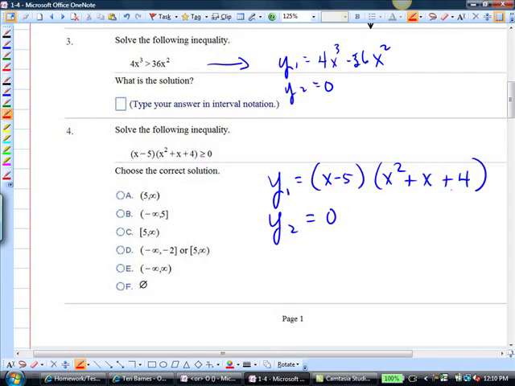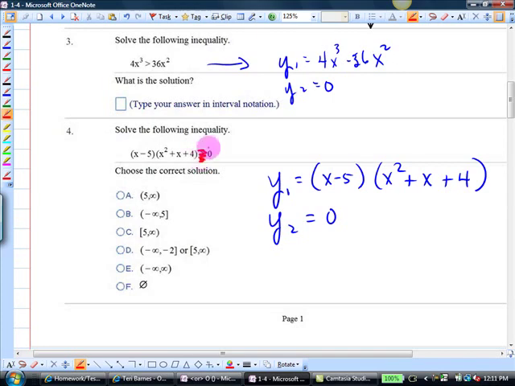Well, let's see what sketch we get. What's the difference in this one that we haven't seen?